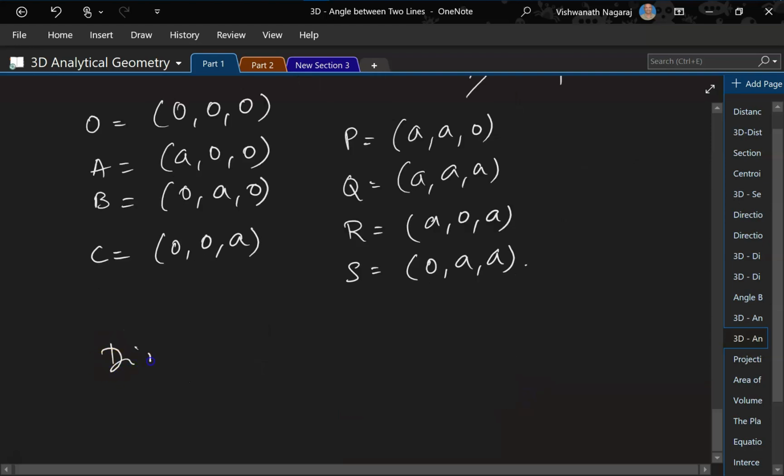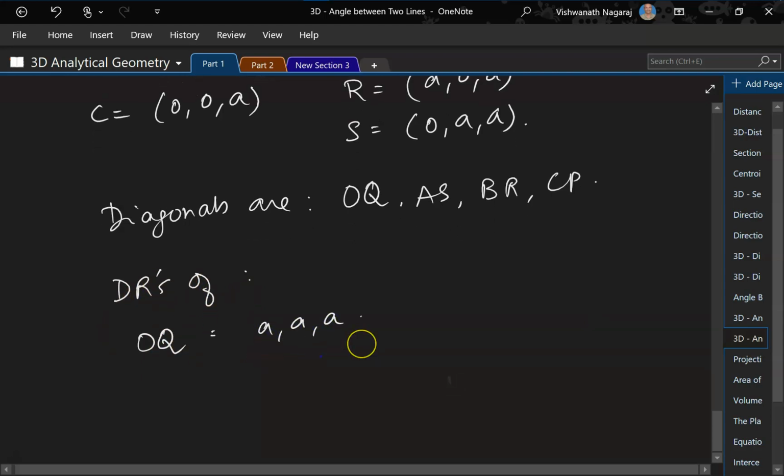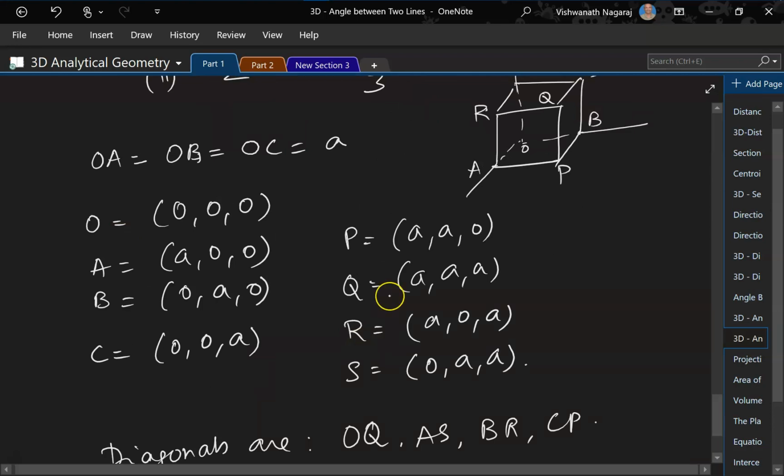Now the diagonals are what? Diagonals are OQ, AS, BR and CP. DRs of OQ is A, comma A, comma A. O and Q: A minus 0, A minus 0, A minus 0.